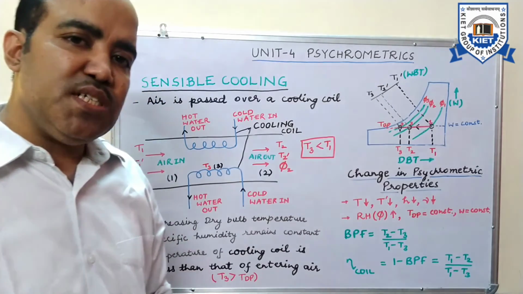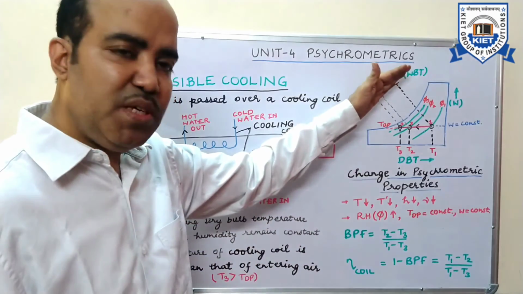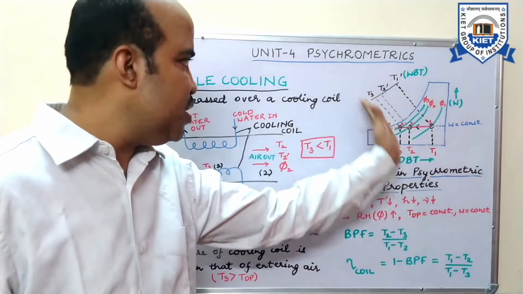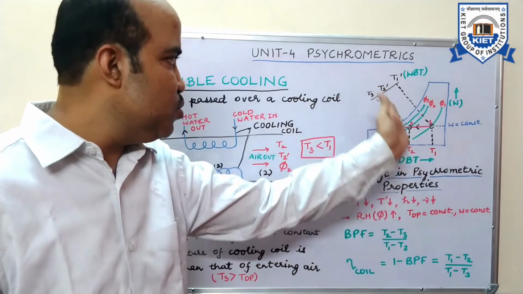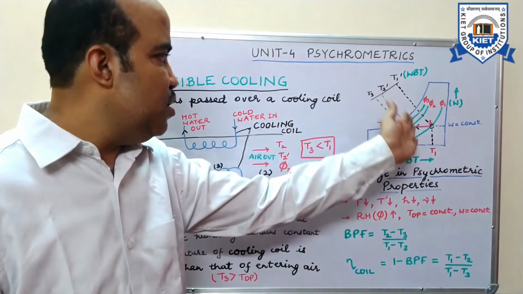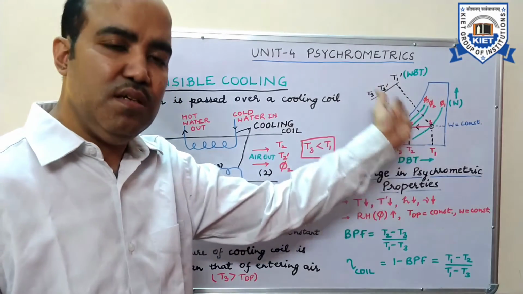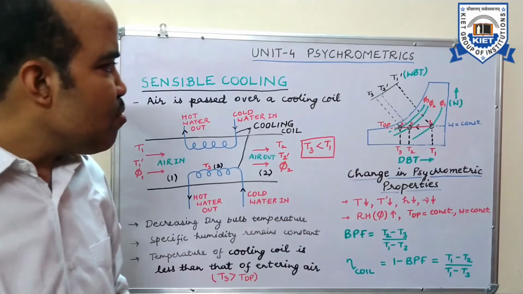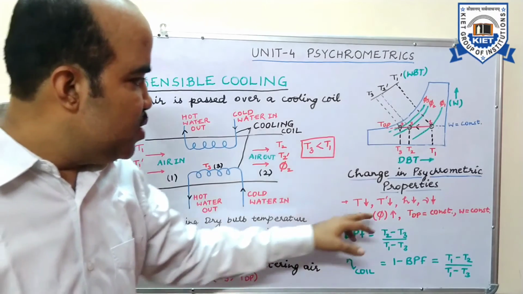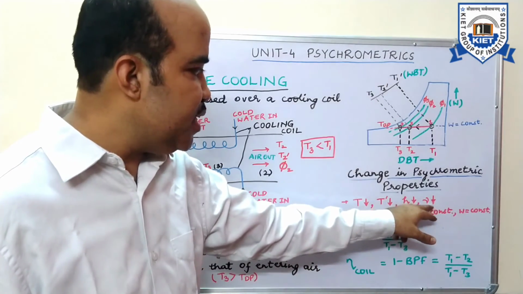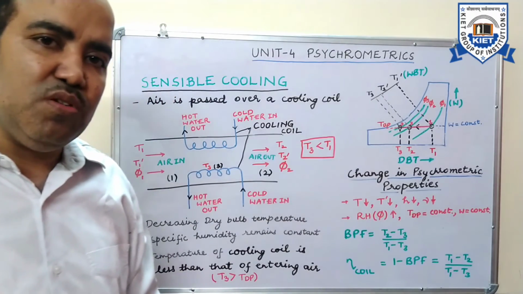The enthalpy scale is similar to that of the wet bulb temperature, so constant enthalpy lines are inclined to the constant relative humidity lines. So enthalpy also decreases.